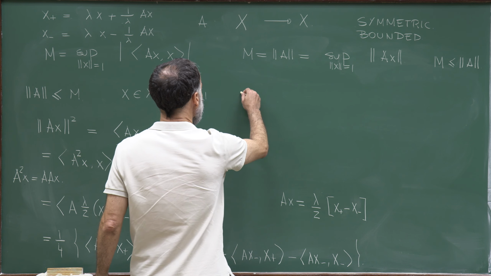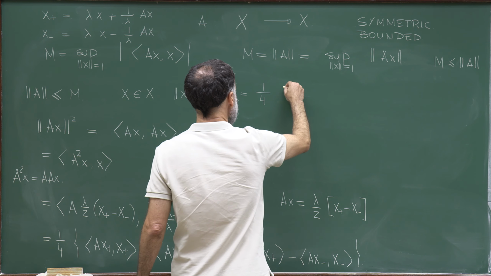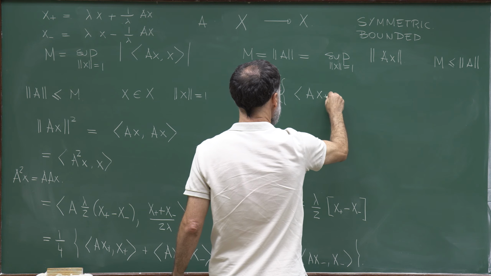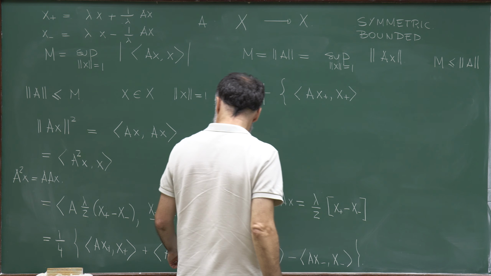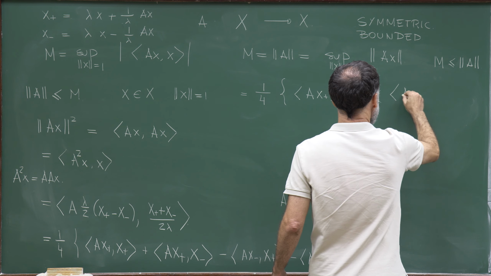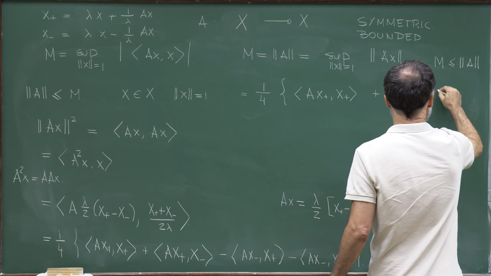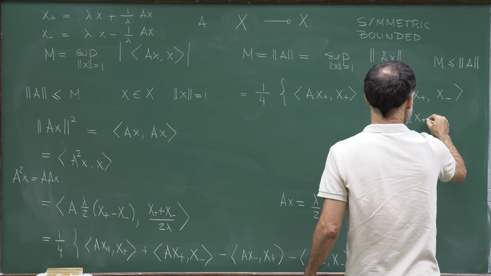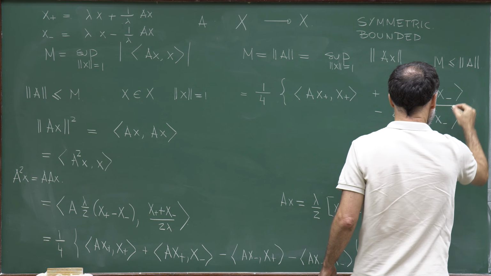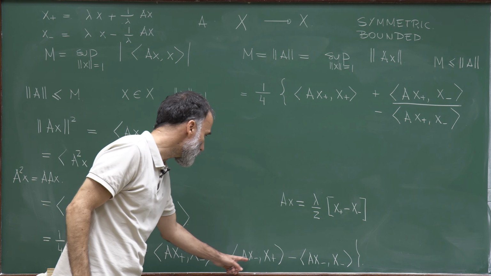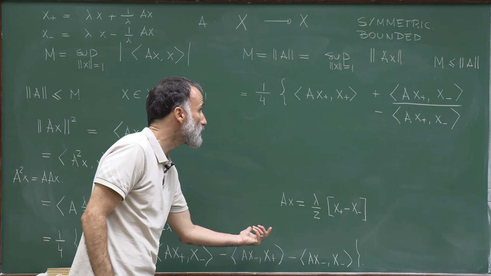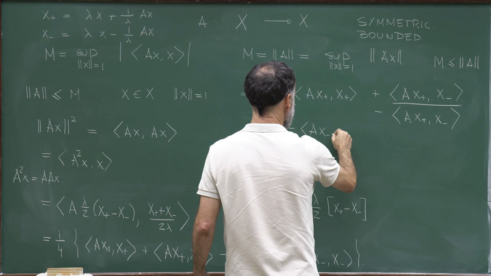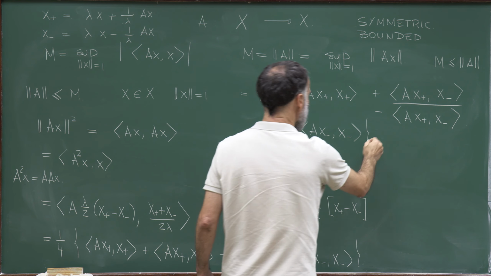So this is equal to 1/4 of ax plus x plus, then plus ax plus x minus, minus ax plus x minus the complex conjugate, because here I got ax minus x plus, and this gives me ax plus x minus, minus ax minus x minus.